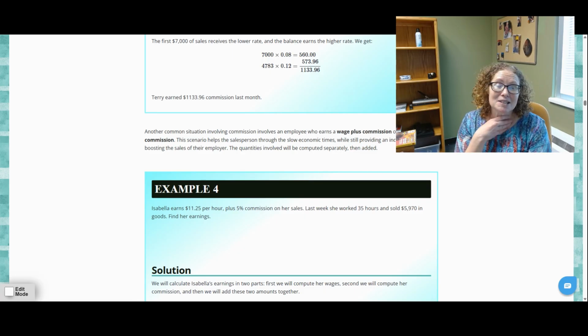Not everybody does it that way. If you sell cars, then typically that is just a straight commission and they don't add the wage.